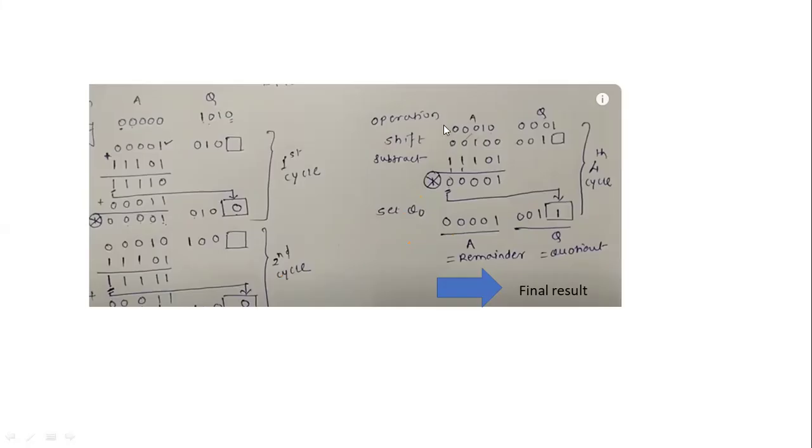So again we are going for the shift left operation. We ignore the first bit, so 0 comes here.